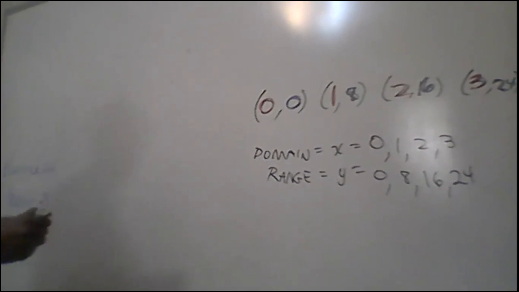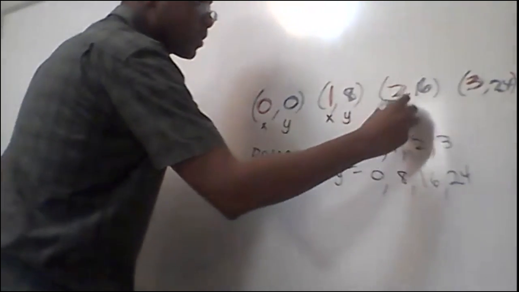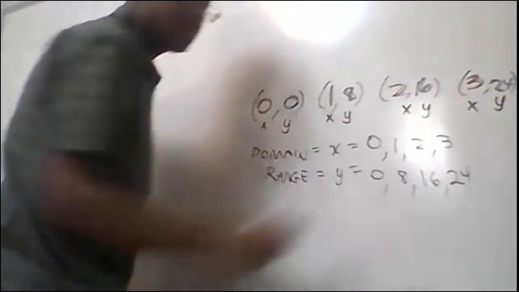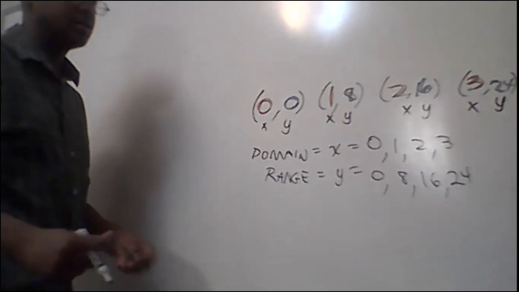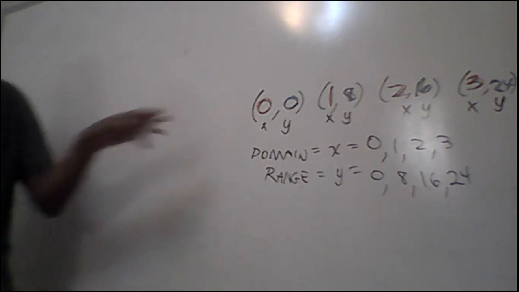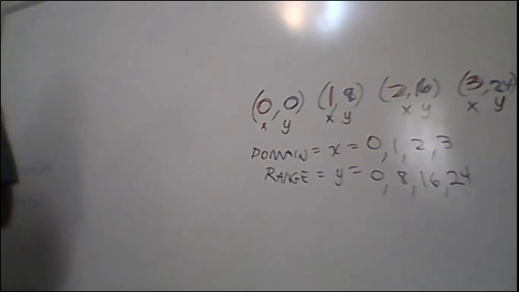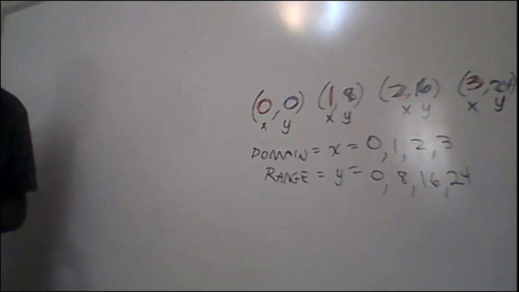Some people label them X, Y. Some people underline and double underline. Whatever can help you to differentiate the two of them, essentially, and see which things are different. Again, that's just something that I like to do.